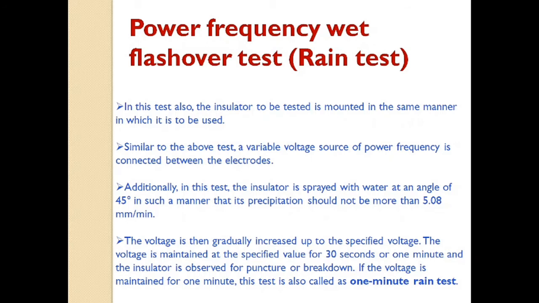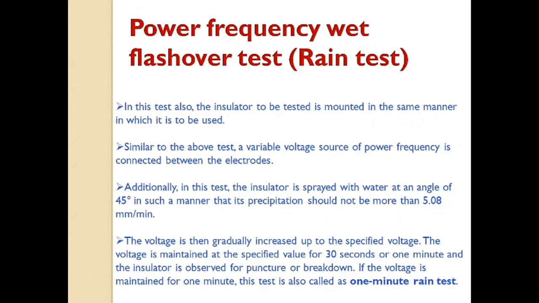Now the power frequency voltage is applied and gradually increased up to a specified value. This voltage is maintained for either 1 minute or 30 seconds as specified, and observe that there should not be any flashover or puncture.